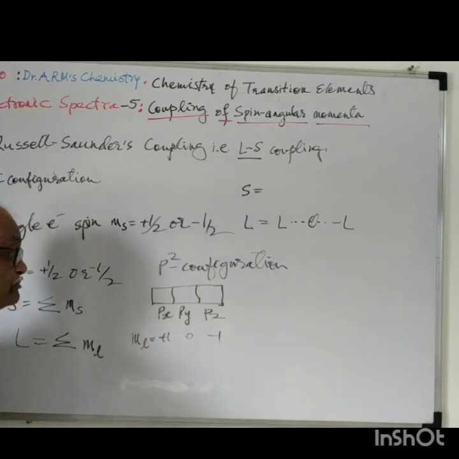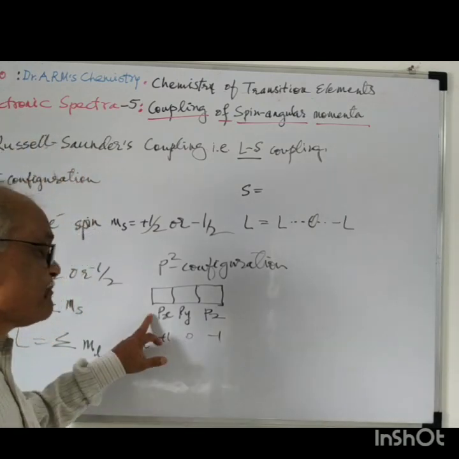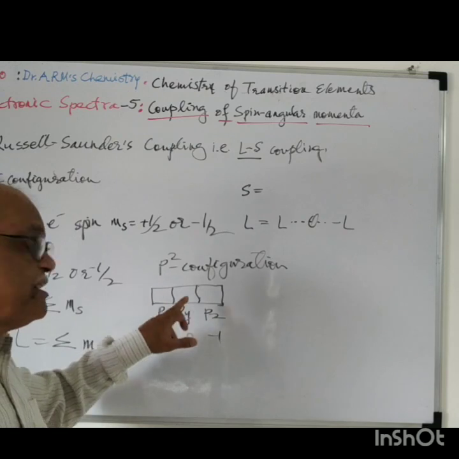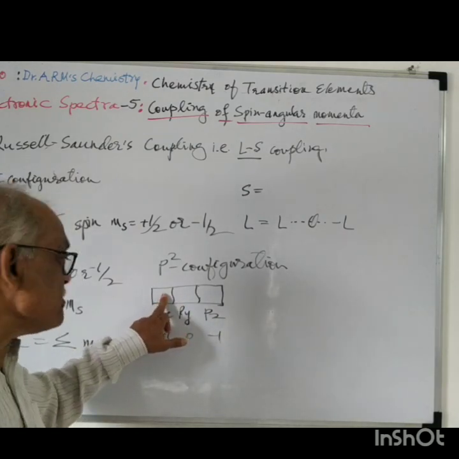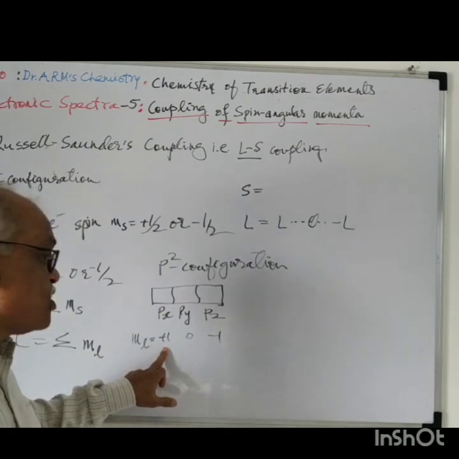But according to the rules for distribution of electrons, we have to choose the maximum value of ml for placing one electron.